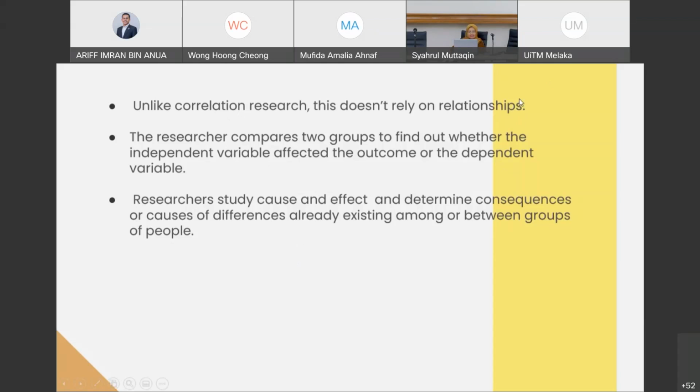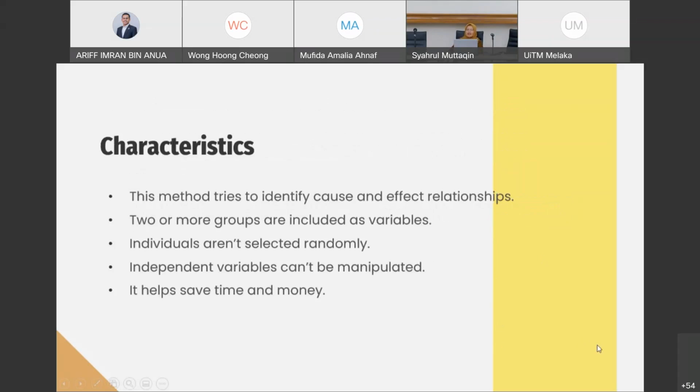And the next, the researcher will compare two groups. Yeah. To find out whether the independent variable affected the outcome or the dependent variable. And also, this is actually study cause and effect and determine consequences or causes of differences that already exist among or between groups of people. And then this is the characteristics of causal comparative.